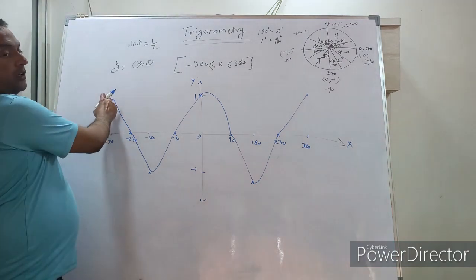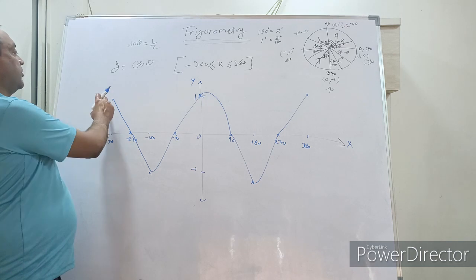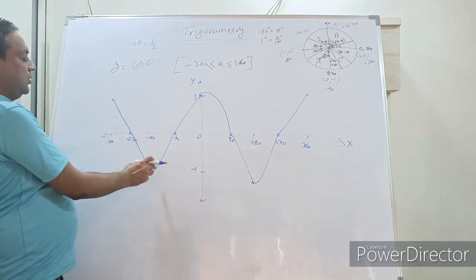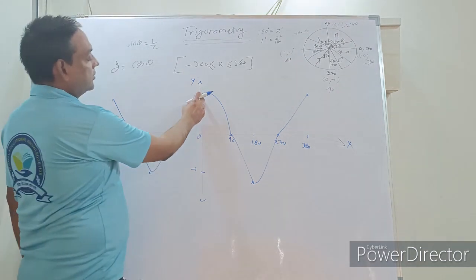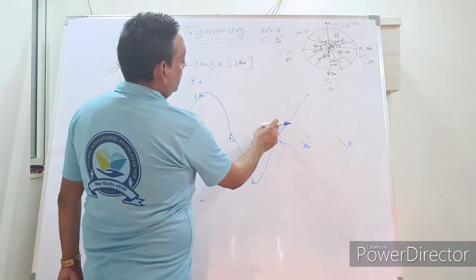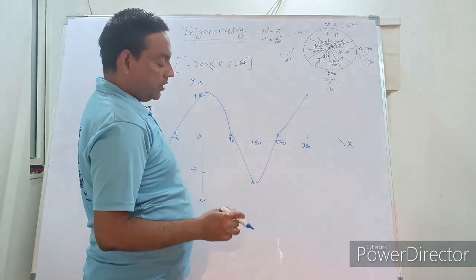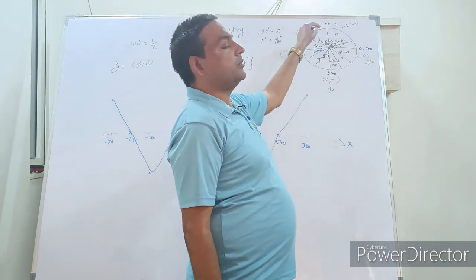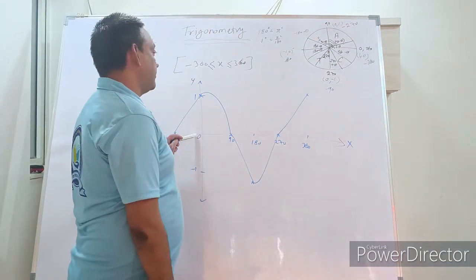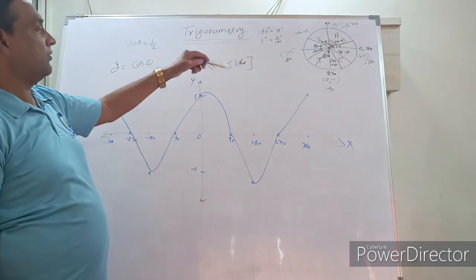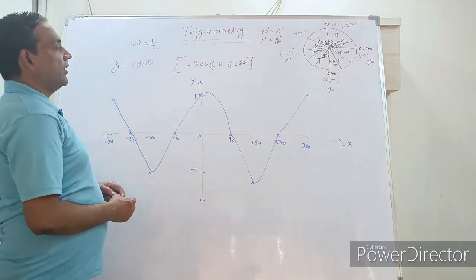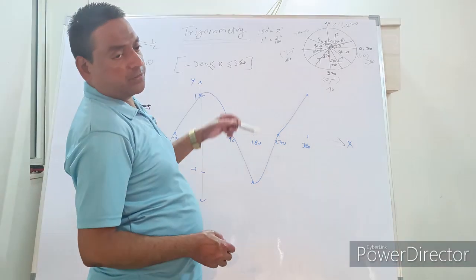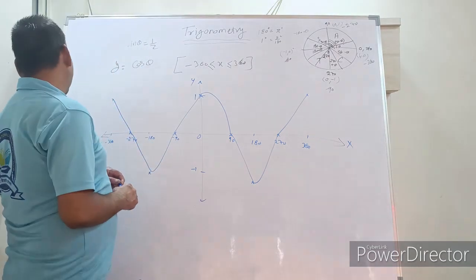At 360 and minus 360 we get 1, then 0, minus 1, 0, plus 1, 0, minus 1, 0, plus 1. So if you simply remember this unit circle diagram, you can sketch the graph and find all the values. Most of the values you can get from here, and for the second part you can learn the table by heart, and you can easily get the answer.